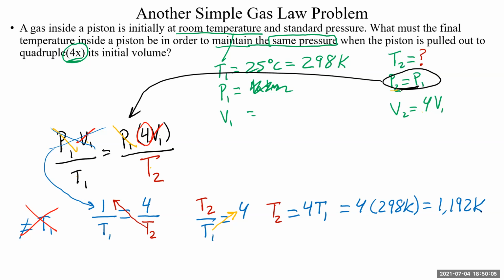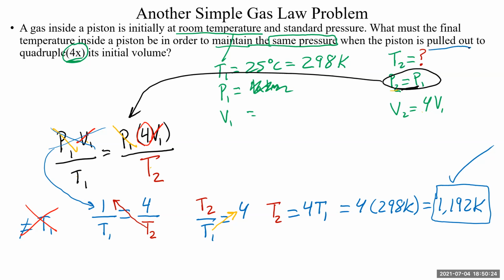Let me just double check that number, just in case. 1192, good, all right. Since the question didn't ask for a specific unit of temperature, I'm just going to leave it in kelvins. So 1192 kelvins, that's our final answer.